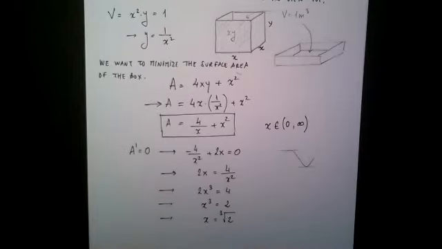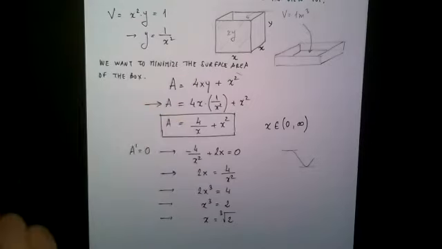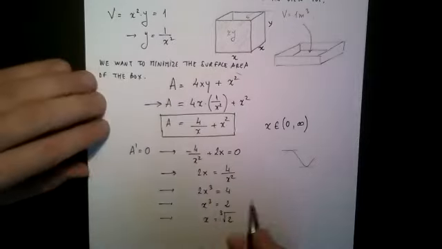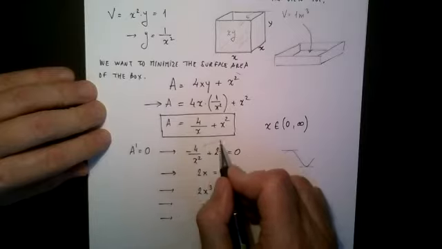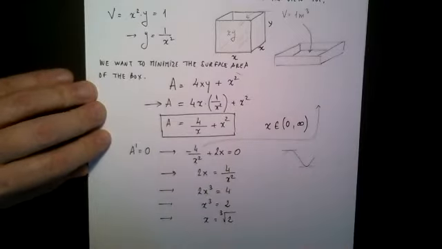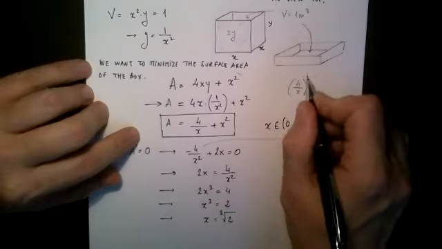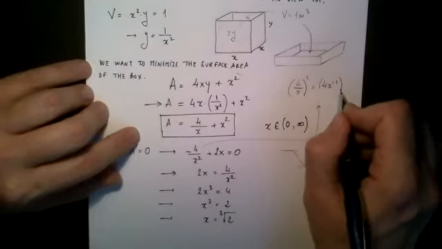What property did you use to find the derivative of 4 over x? Okay, so let's see how we got this. 4 over x prime is the same thing as 4 times x to the minus 1 prime.